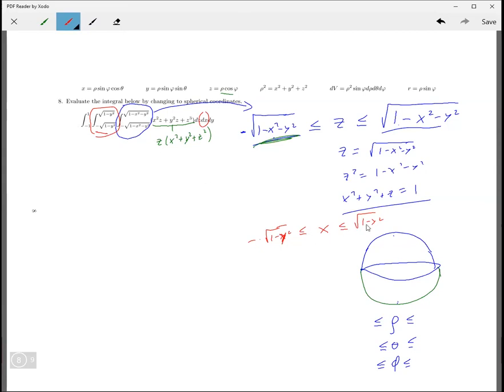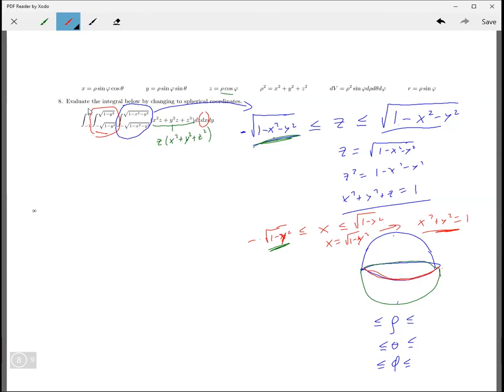That's the range there. If you just look at this one, then you get x squared plus y squared equals 1. So basically you're going from one side to the other. This one would be the back side, and this one would be the front side.